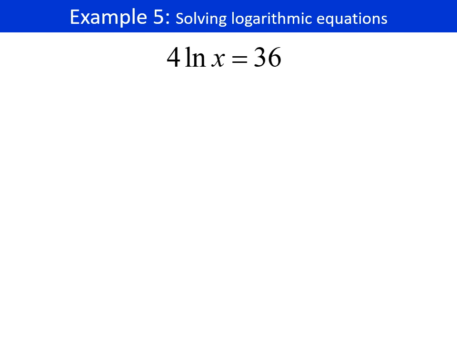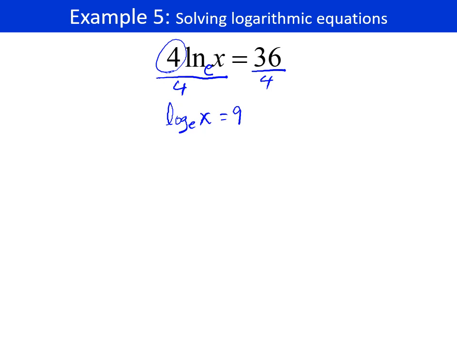Now we want to switch to solving logarithm equations. The ln is log base e. The 4 on the front doesn't need to be there. So we're going to begin by dividing by 4, which would give the log base e of x equals 9.